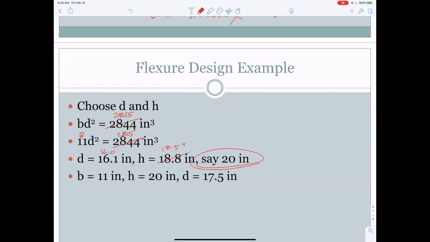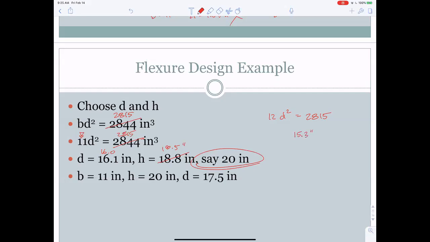Now, if I was doing this again, what I would really do is make it 12. 12 D squared, 2815. So let's try that, as long as I've messed this up and we're doing it again. 2815 divided by 12 is 15.3 inches.